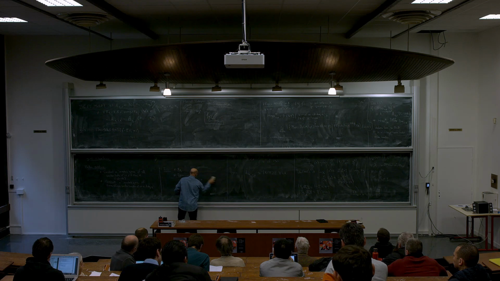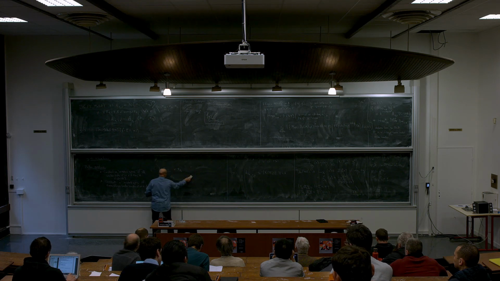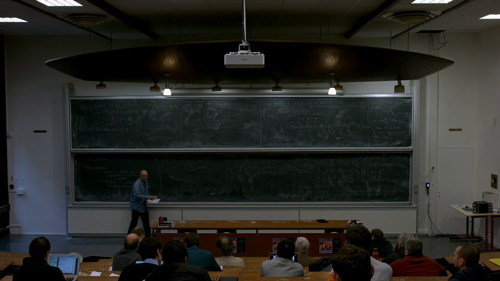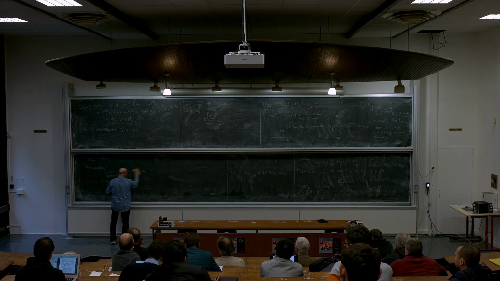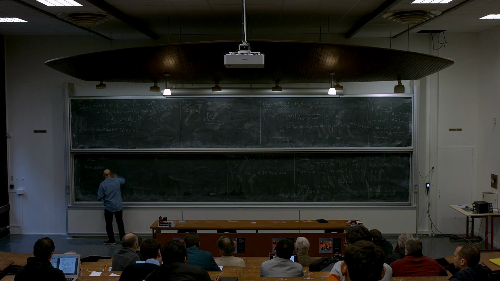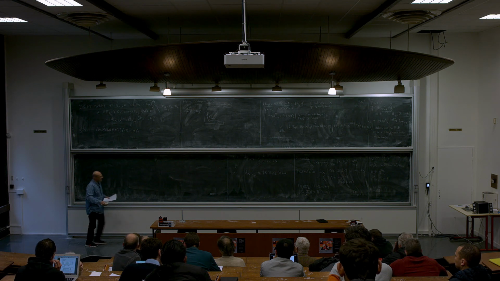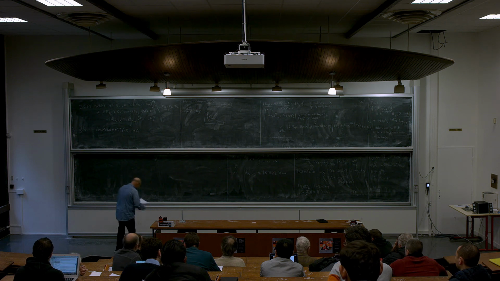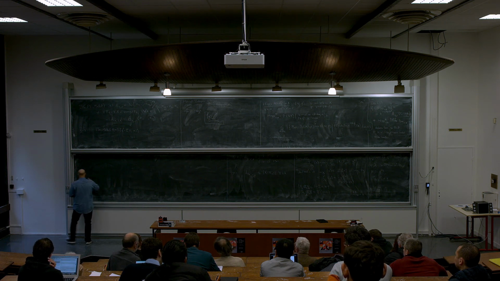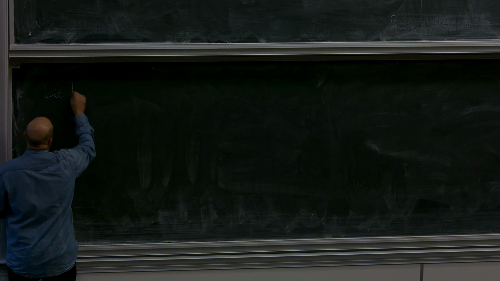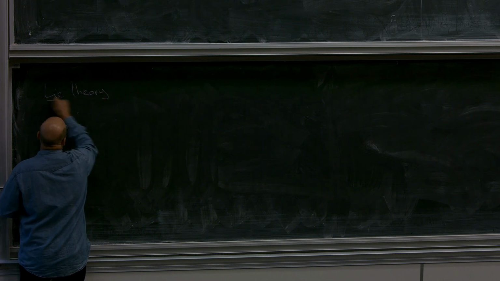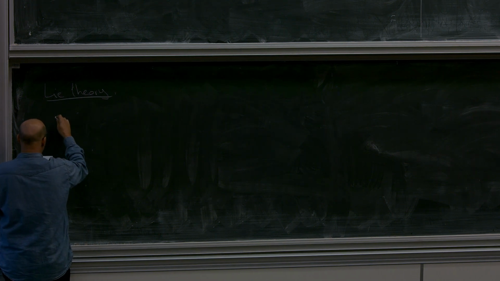So if you don't like curves, then maybe you can try to discretize them and look at some combinatorial analog of curves, which are called quivers. And people have been doing that for a very long time. Lie theory, so fruitful analogy.